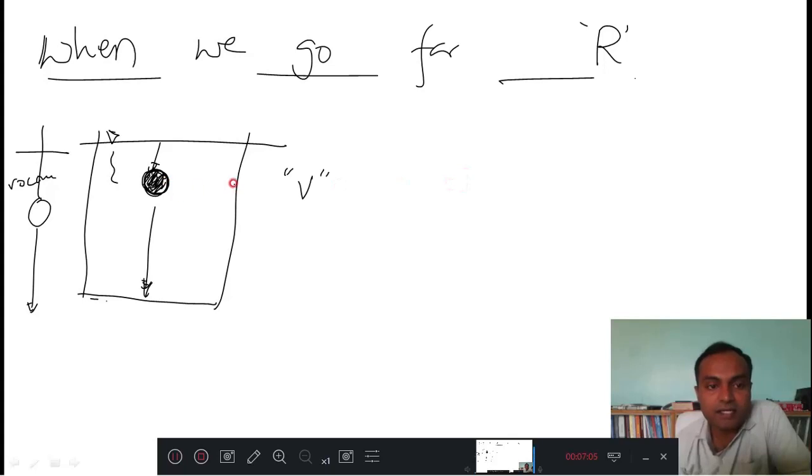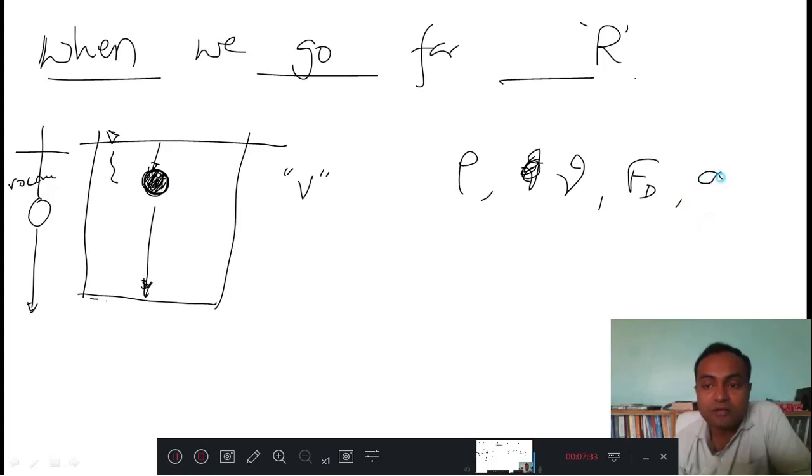Then I can say that the density of the water is a parameter which is resisting your movement, and I can say that the viscosity of the water is also resisting the movement of your ball, and the drag force is offering the resistance.